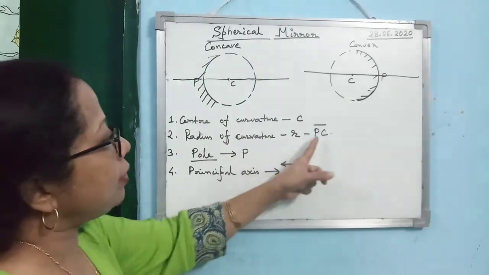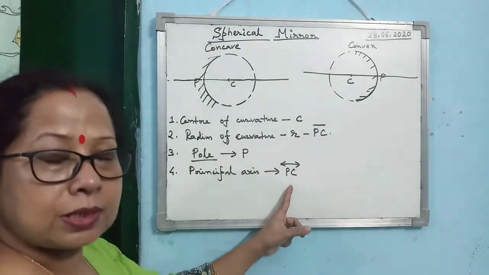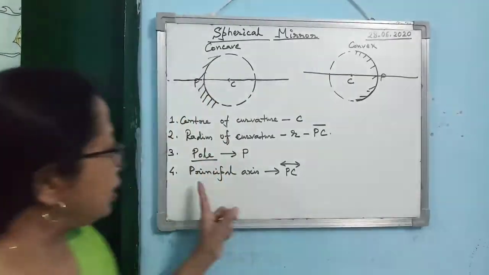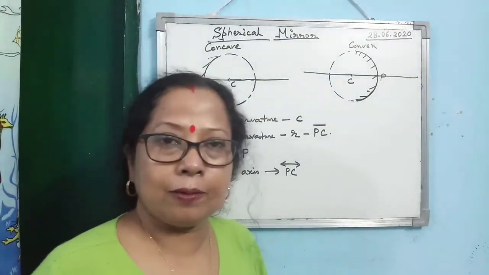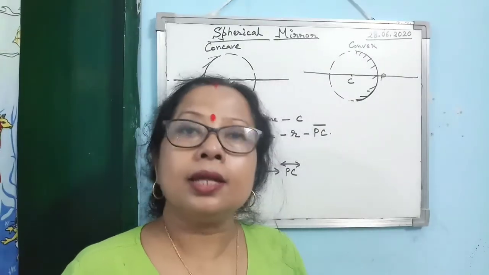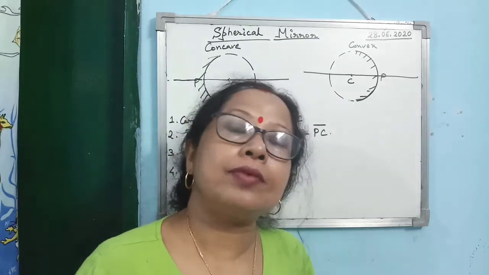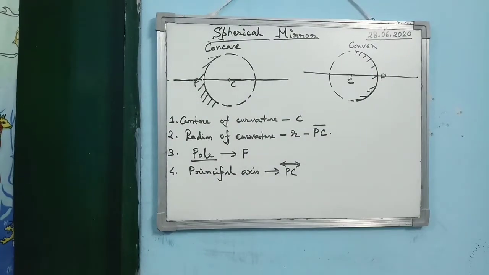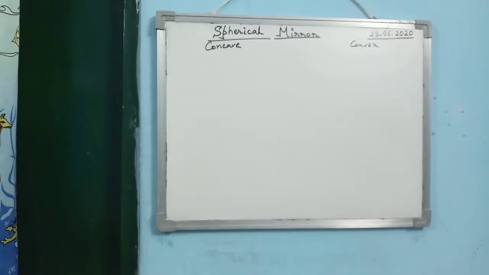So radius of curvature is PC, principal axis also PC. But what is the difference? Here PC is the line segment, but here PC is the line. Okay, and what is principal axis? The line joining the pole and center of curvature of the sphere is known as the principal axis.